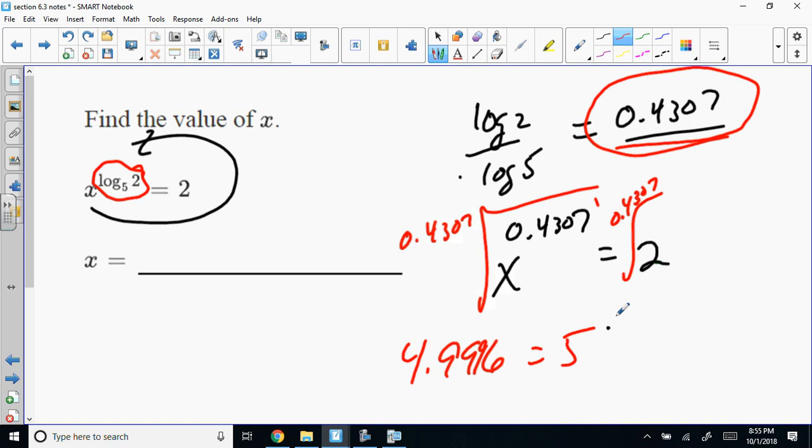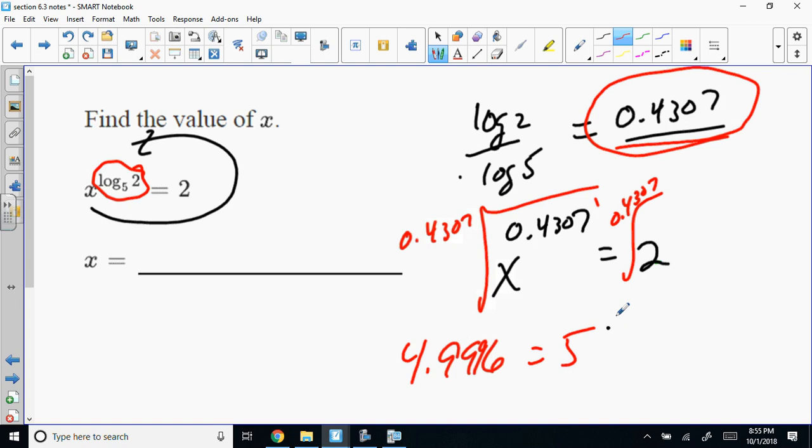But I'm thinking, okay, look on the back of your sheet. It's a property. Look at the fourth one down on the back of this formula sheet. What's it say? b to the log base b of 2 equals 2, right? If this and that are equal, then x ought to be what, 5?